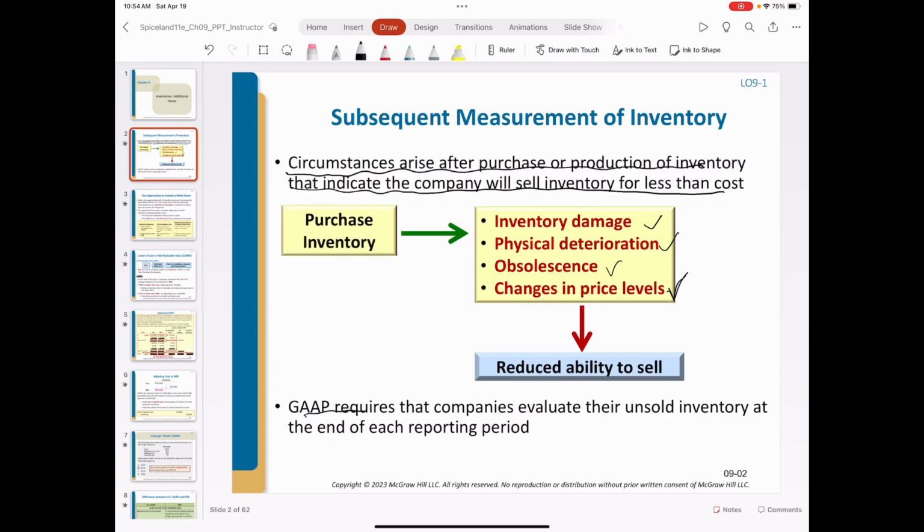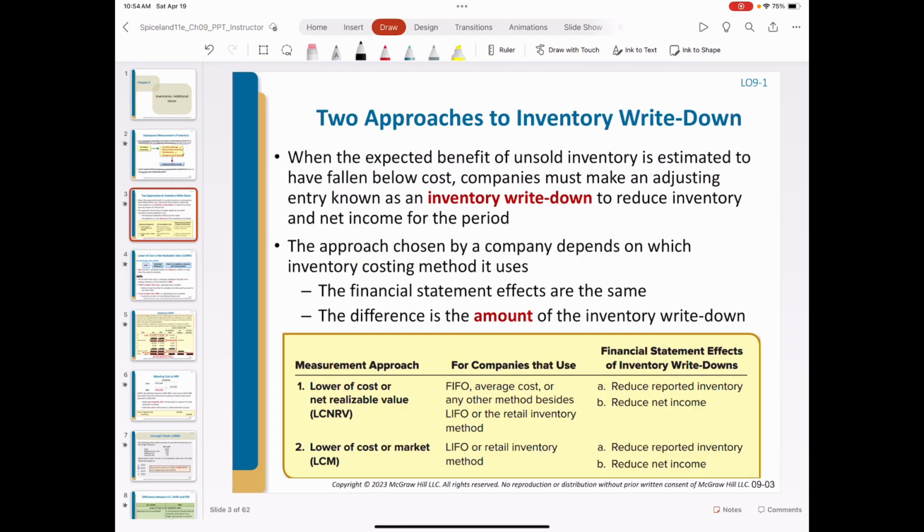GAAP requires companies to evaluate their unsold inventory at the end of the accounting cycle to test whether the inventories are overvalued or not. As I said, there are two approaches to evaluate your inventory. One is lower of cost and NRV. The other is lower of cost or market.